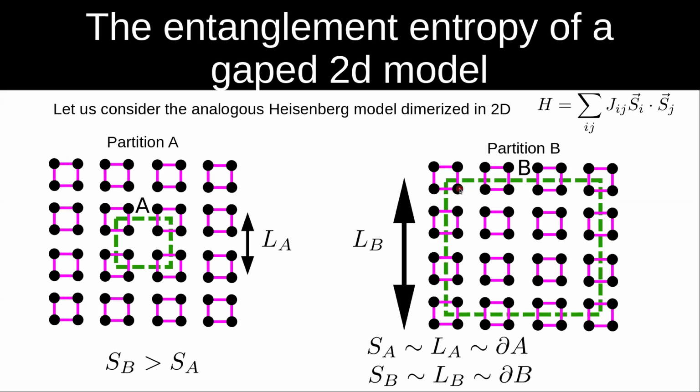Now, if you compute the entanglement entropy, you will see that the entanglement entropy is essentially proportional to the number of singlets that you are cutting.